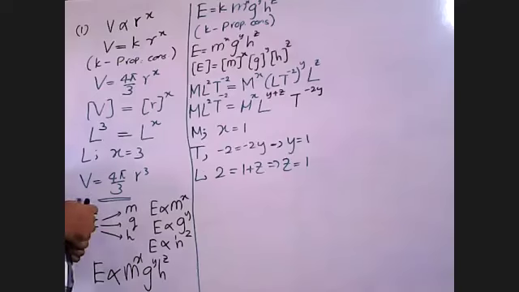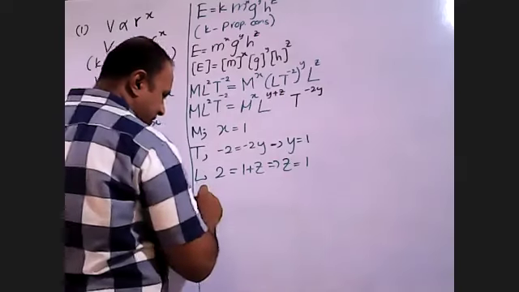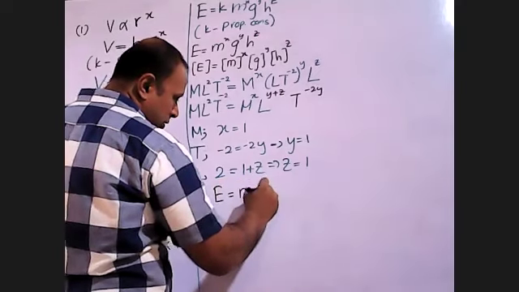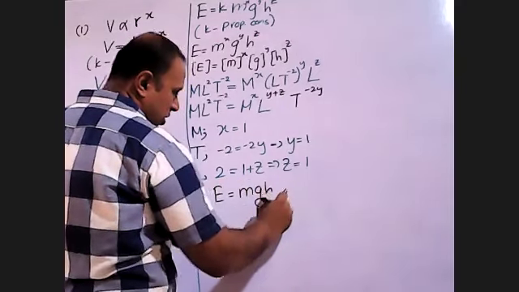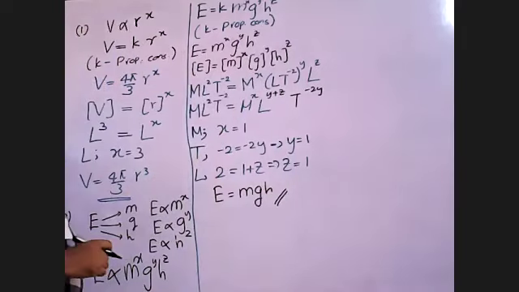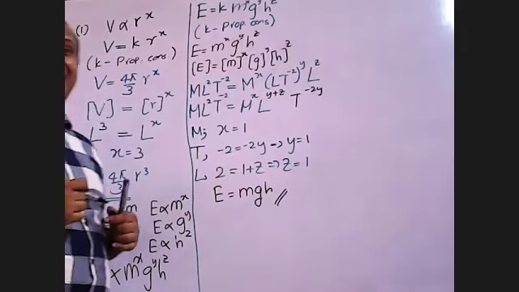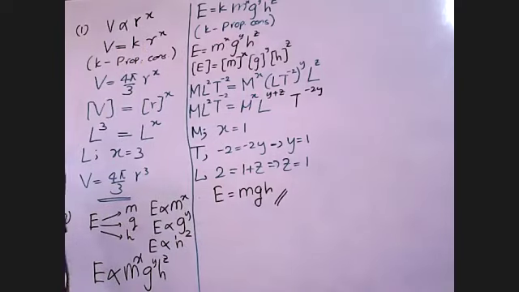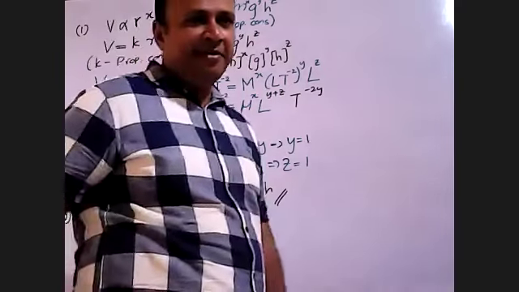So I can write the equation: E is equal to M G h, because all the powers x, y, and z are equal to 1. Clear?